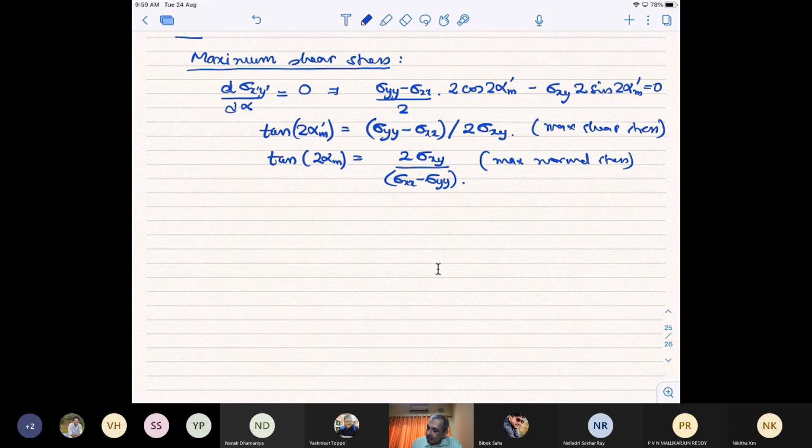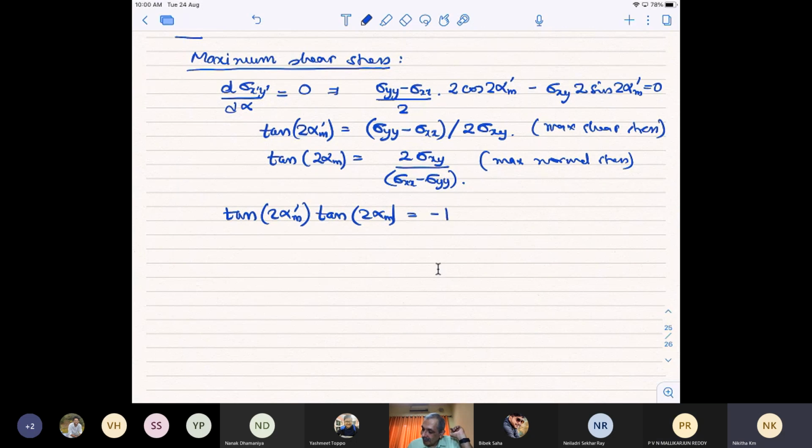Okay, just to remind you. But now if you look at this, what will happen if I take tan of 2 alpha m prime multiplied by tan of 2 alpha m? What will I get? What is this equal to? 1? No, it's not 1. Look carefully. Minus 1. Correct.